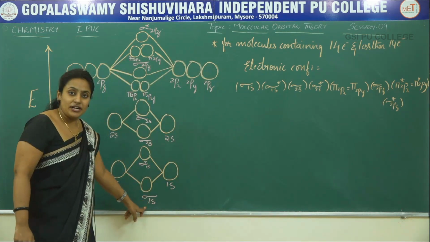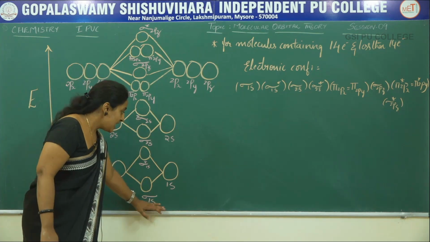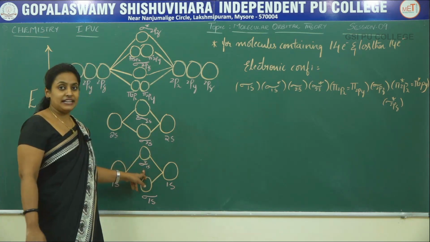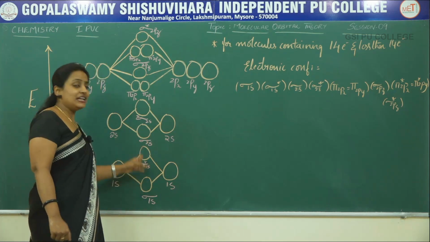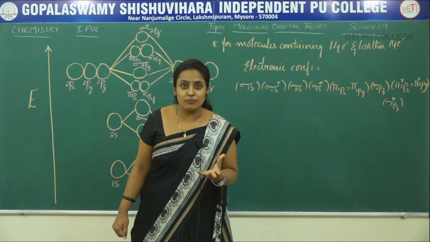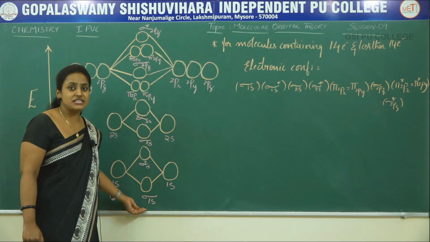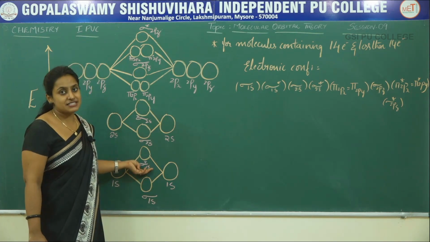That's why the bonding molecular orbital has been represented in the lower energy and the anti-bonding molecular orbital in the higher energy. As the bonding molecular orbital possesses the lower energy, it has maximum stability, whereas the anti-bonding molecular orbital is least stable.